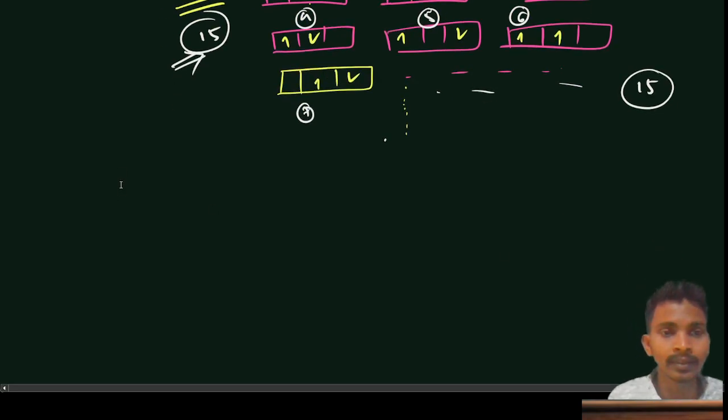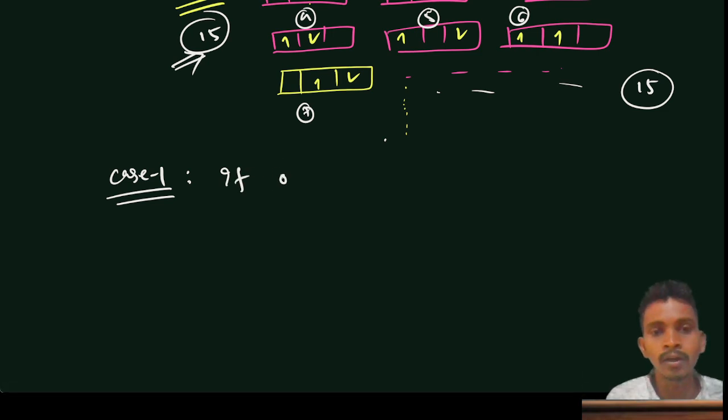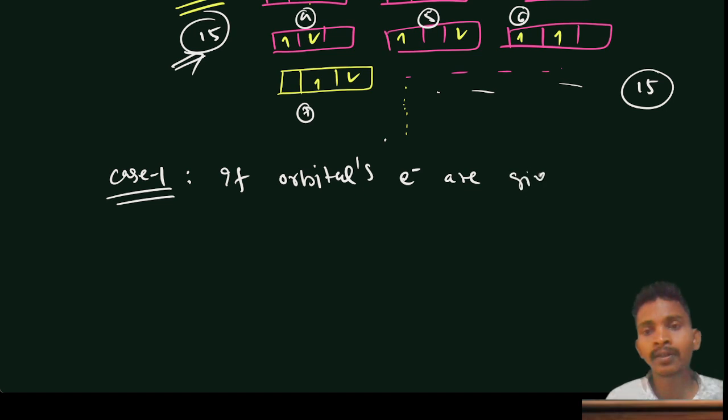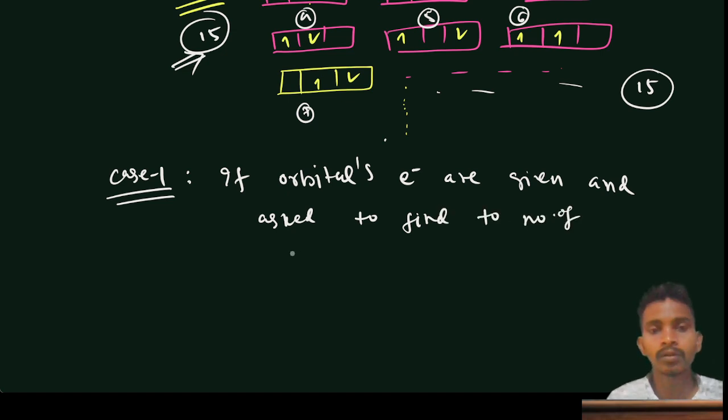So write case 1: if the orbital and electrons are given and you are asked to find the total number of microstates, then use this formula.